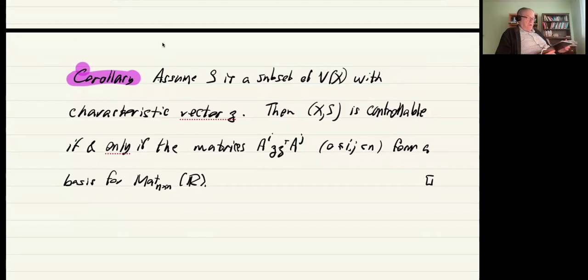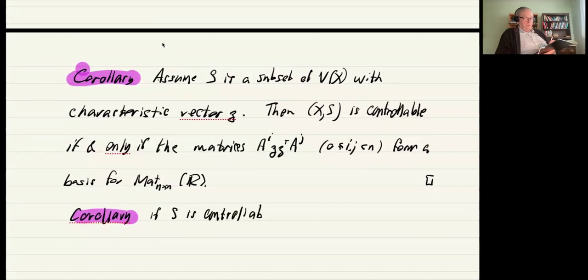The other consequence, and maybe I'll write this out, a corollary of this: if S is controllable, the algebra generated by these two matrices equals the full matrix algebra.